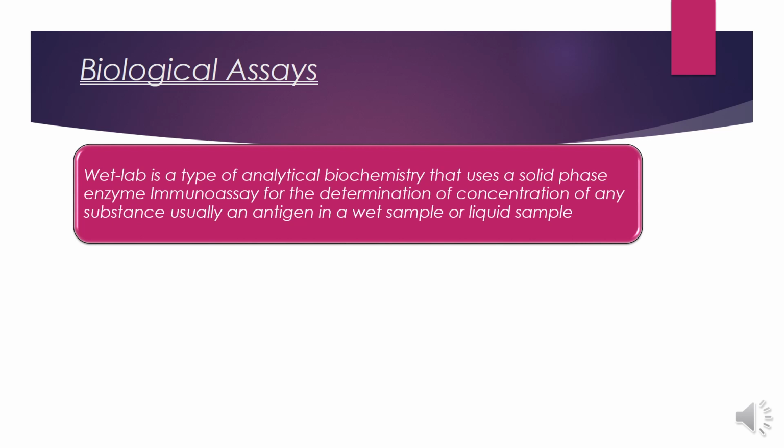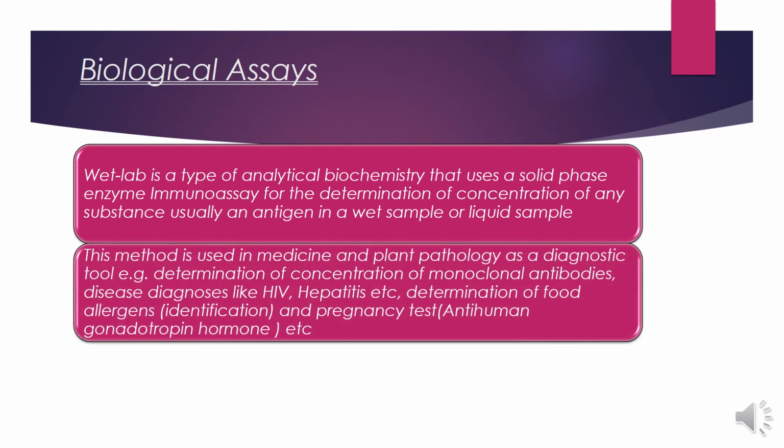Either you can use antigen to determine antibody concentration, or you can use any antibody to determine any antigen concentration, or any hormonal level concentration in any patient. So that's your wet lab technology, or you can say the immunoassay based on the enzymes basically.